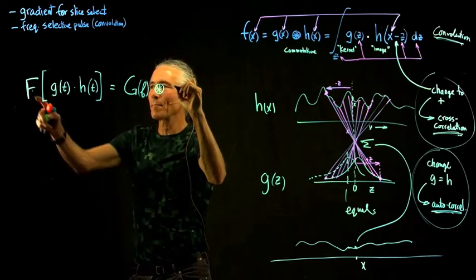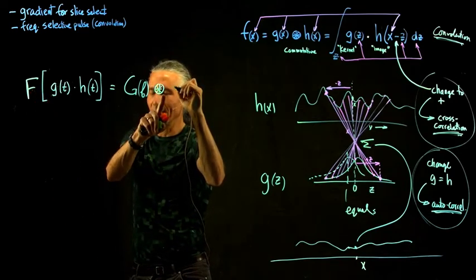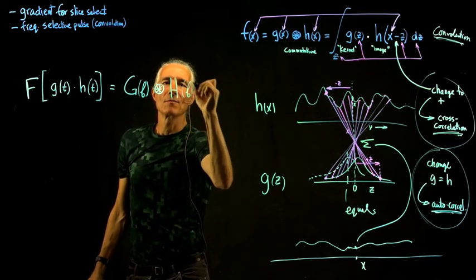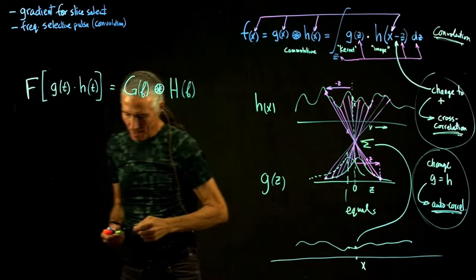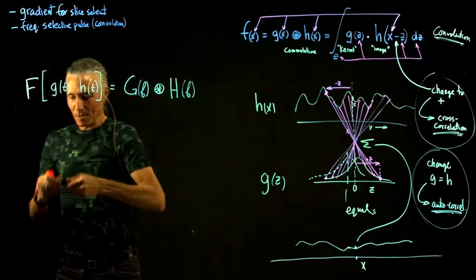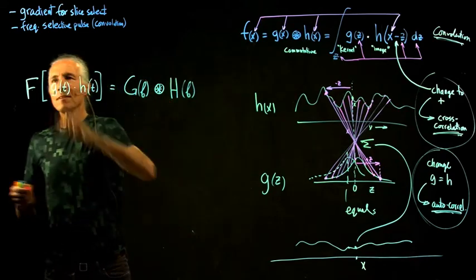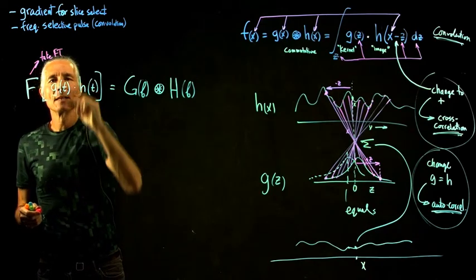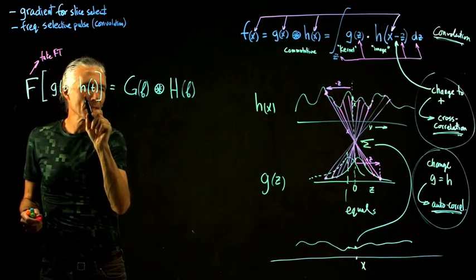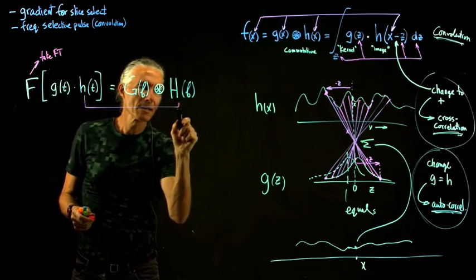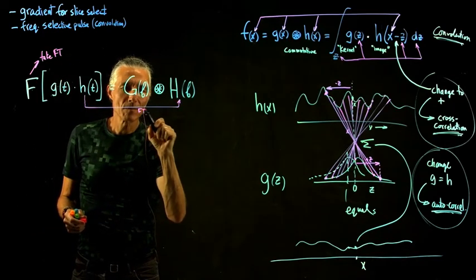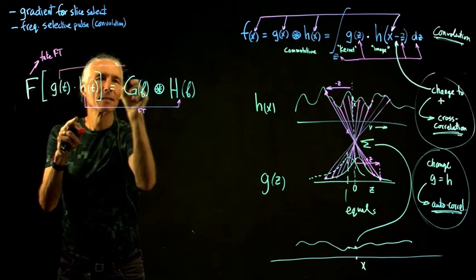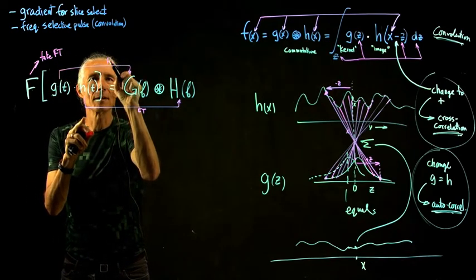The capital means we've done a Fourier transform on it. So this guy means we took a Fourier transform of the function by itself, and this guy to this guy means we took a Fourier transform by itself.